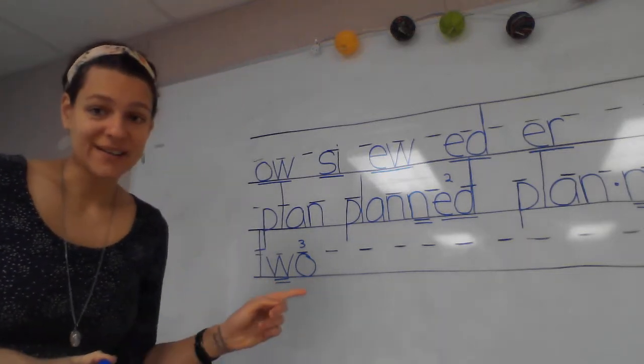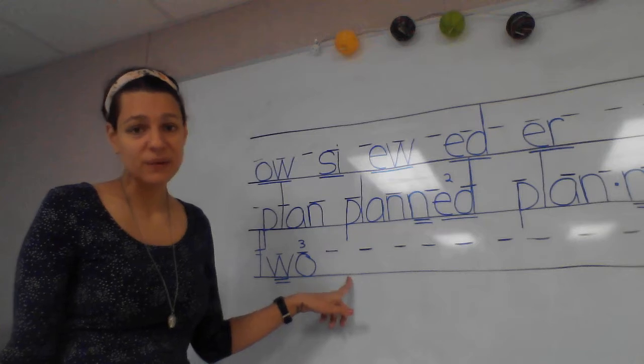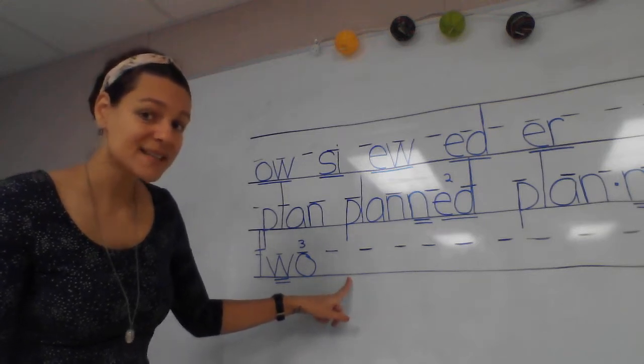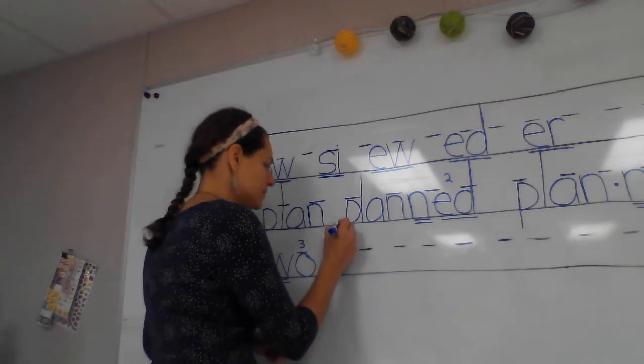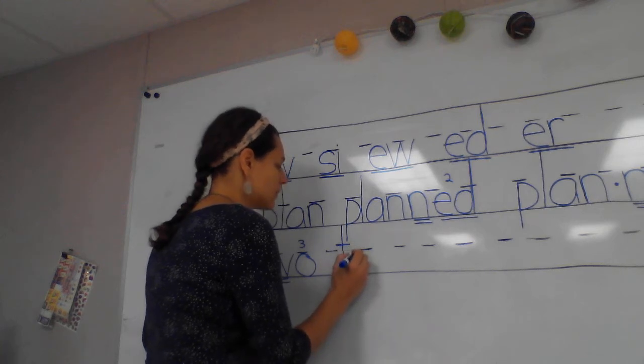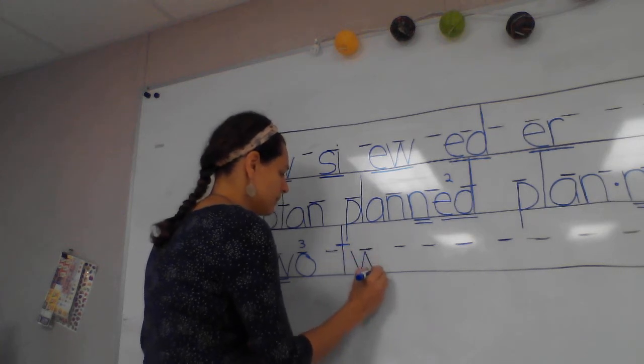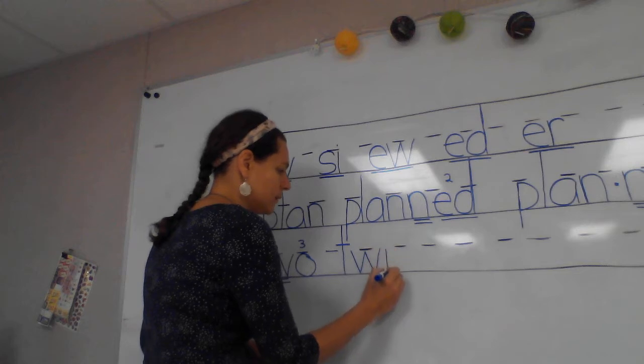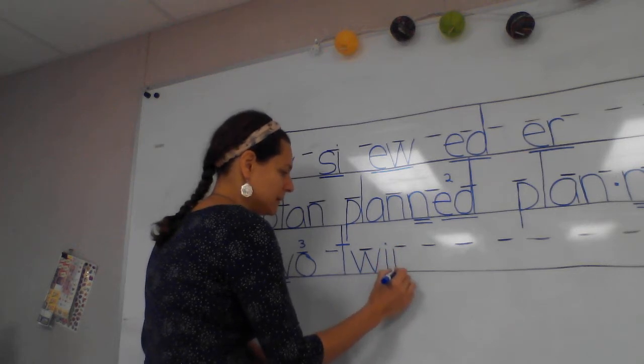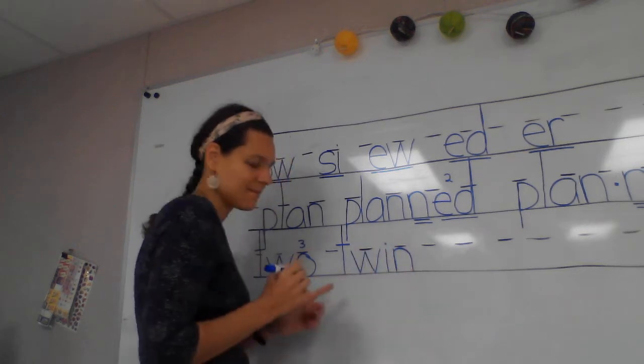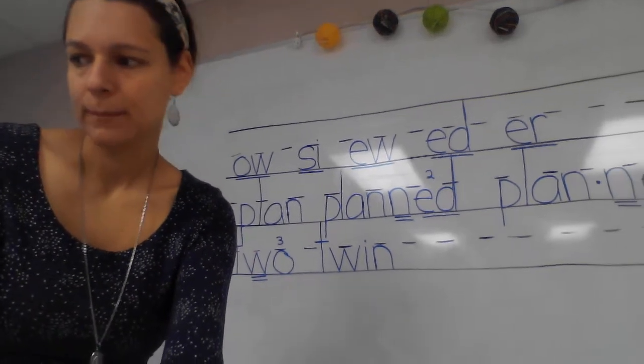All right, put your finger under that first phonogram in the word you just wrote. What does it say? Good. T. Good. What? Eh. Good. All right, make sure yours looks like this.